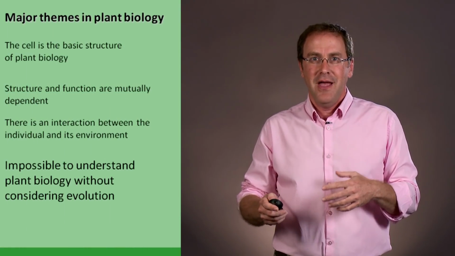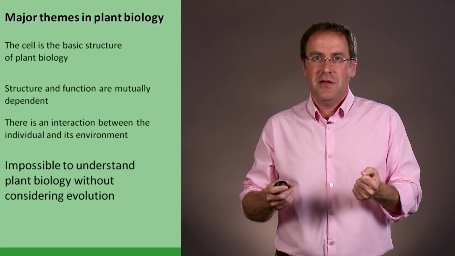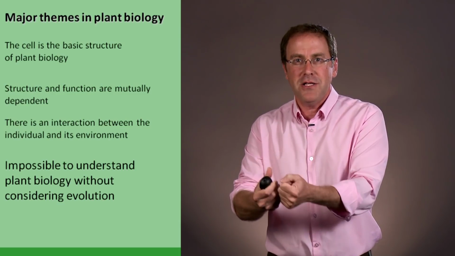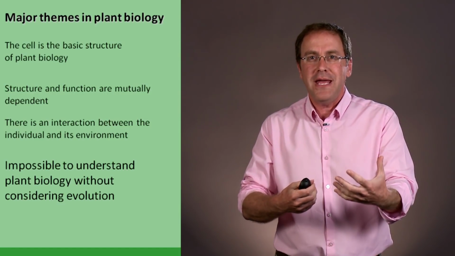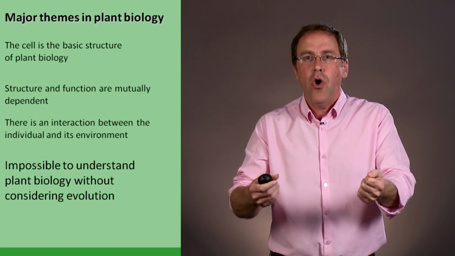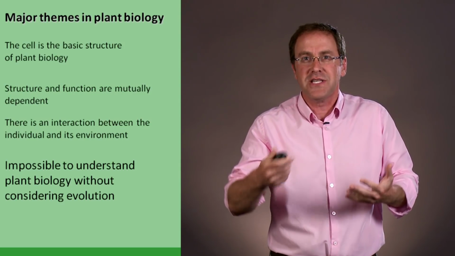Now, in this course, we can't deal with the thousands of types of plants, but what we're going to learn about will be true for, let's say, 95% of them because of this unity. And all of this is connected to evolution. You cannot understand biology without understanding evolution. The modern form of a plant really shows how the plant evolved through millions of years of selective pressures.